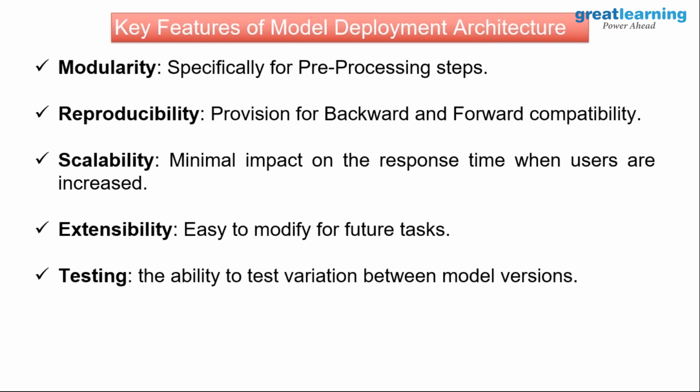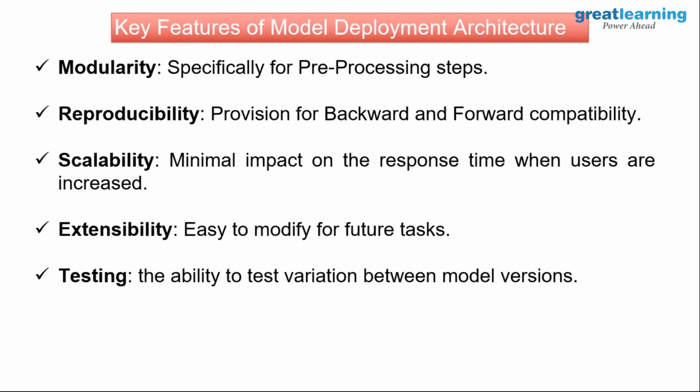Okay. The ability to test the variation between different model versions. What I will not be able to show you right now is how we compare different models which have been deployed, but I'll show you on the cloud platform how this version control is managed. Whenever we have different models available, every model has a life, right? Let's assume a model was deployed in an organization for 3 months and maybe the model is not giving the required output.